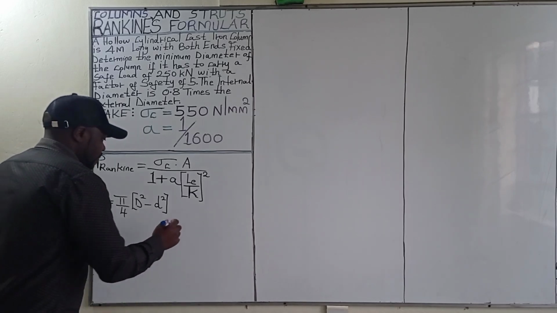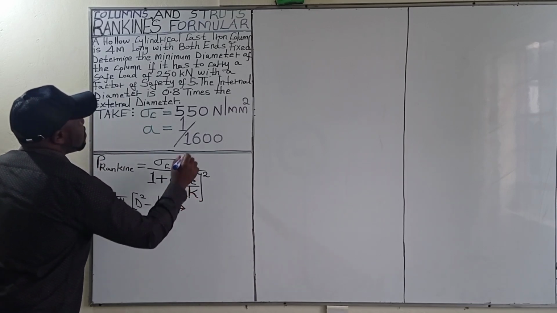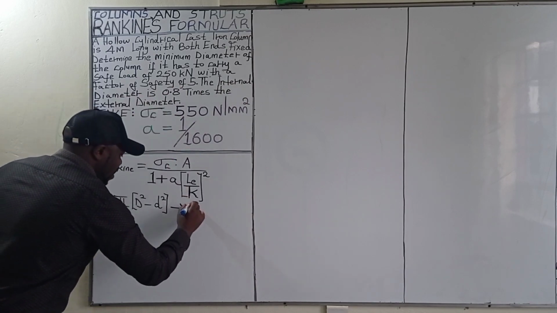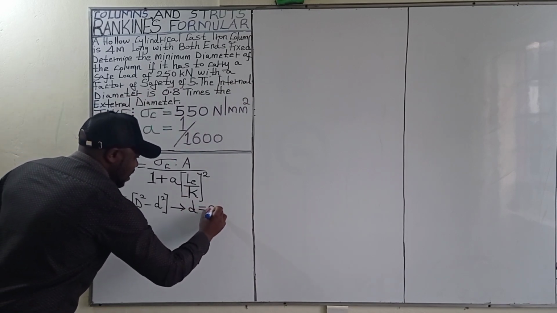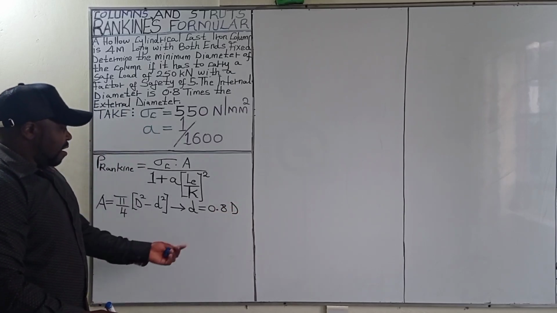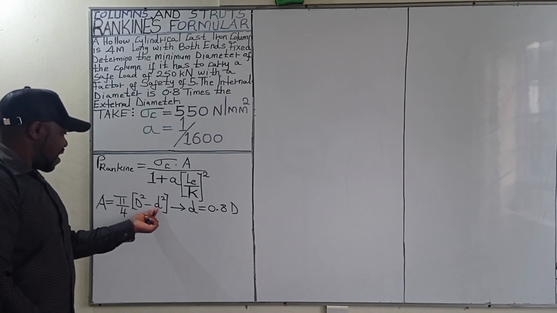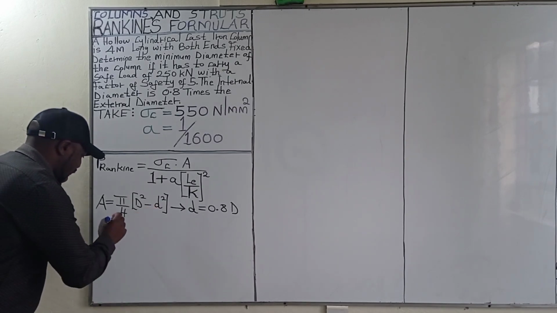We are told that the internal diameter, that is d, is 0.8 times the external diameter. So we are going to substitute this 0.8 D where we have the internal diameter.